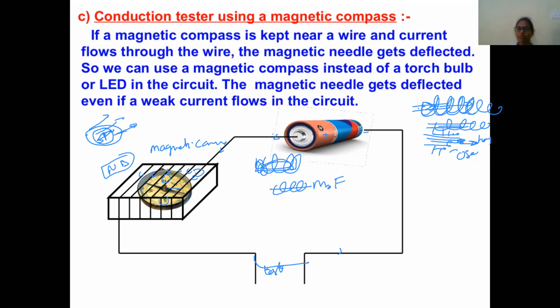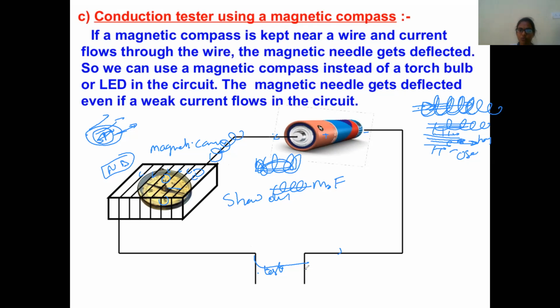Because of that magnetic field, the needle inside the compass shows deflection. Clear, children? Why does it show deflection? A current-carrying conductor produces a magnetic field around it, and because of that, the needle deflects. That indicates whether current is moving in the circuit or not.